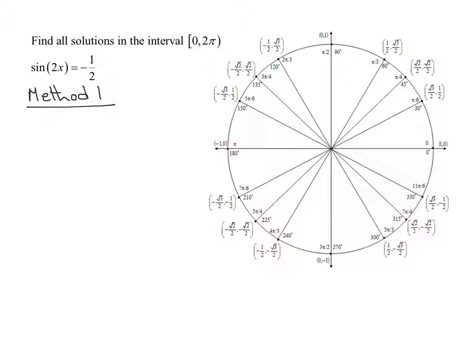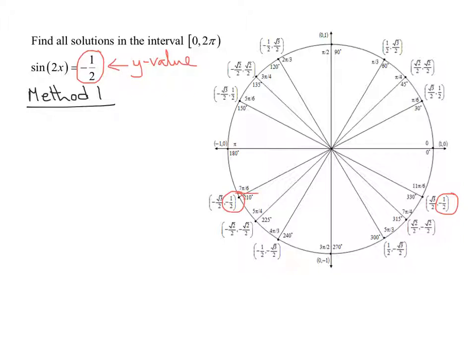What we have to do is look on the unit circle to find angles whose sine value is equal to negative 1/2. That means I'm looking for the y value of negative 1/2. If we look on the unit circle, I think you can see here's one, negative a half, and here's the other, negative a half for the y value.